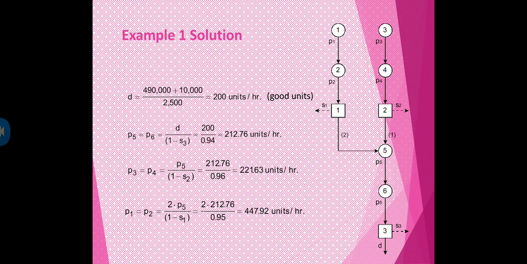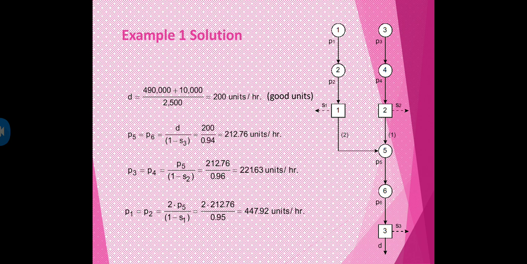After that we calculate P5. P5 will be equal to P6, right? That is the last stations, 5 and 6. The production rate here depends on D, and D is our 200 upon 1 minus S3.